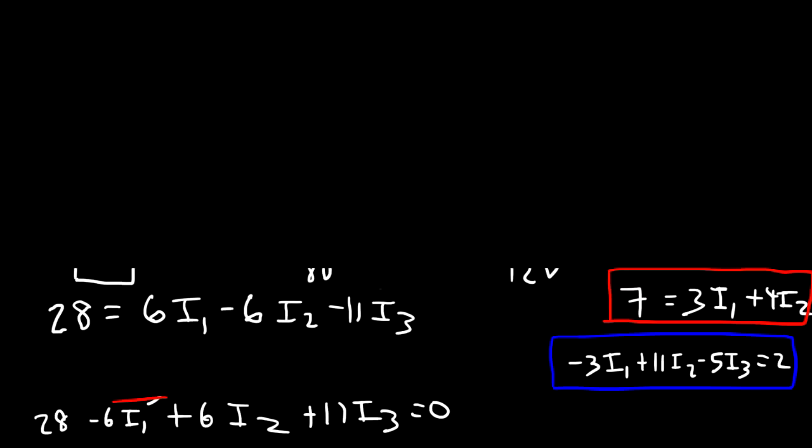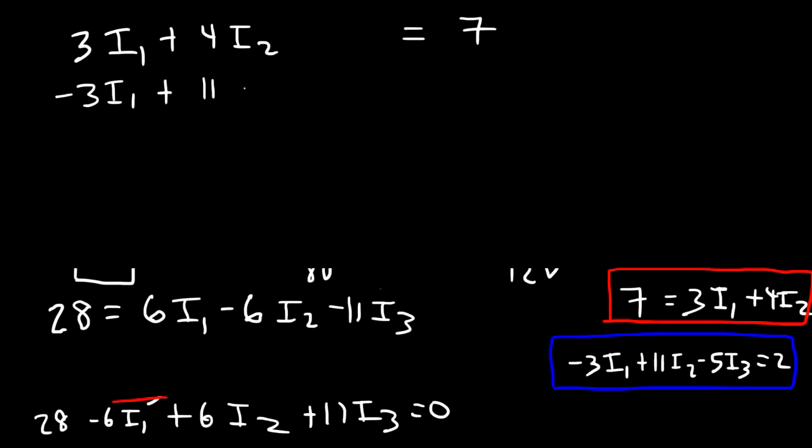Now let's line up the three equations that we have. So the first one is 3I1 plus 4I2, and that's equal to 7. The second one, negative 3I1 plus 11I2 minus 5I3, that's equal to 2.